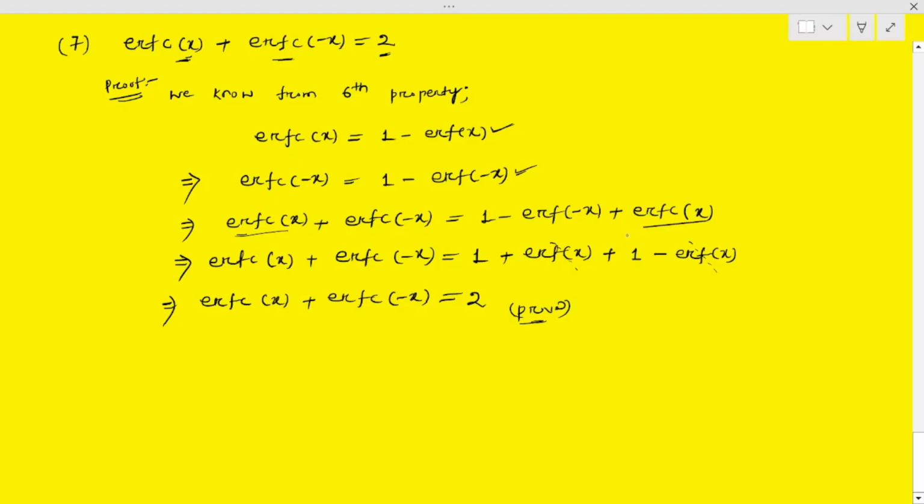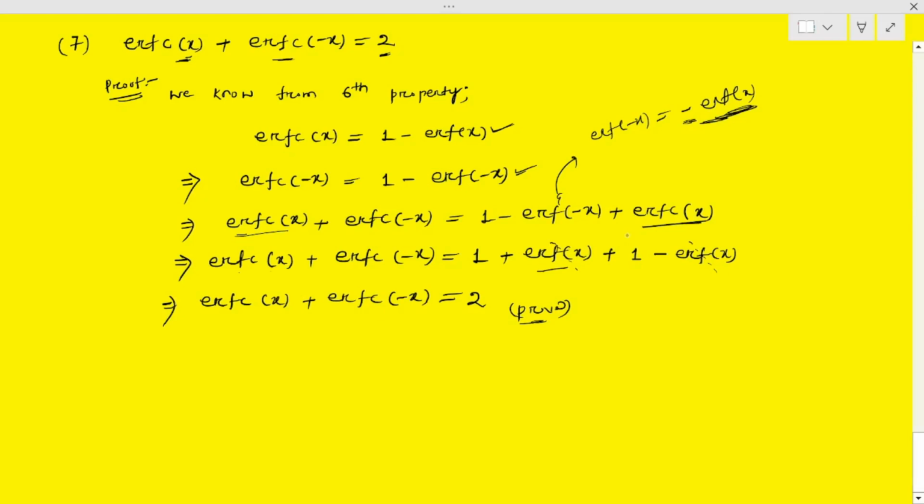So that implies complementary error function of x plus complementary error function of minus x will be equal to 1 plus error function of x here, and error function of minus x here, because the error function is an odd function. We know error function of minus x equals minus of error function of x, right? So error function of minus x will be minus of error function of x. So minus minus plus error function of x.